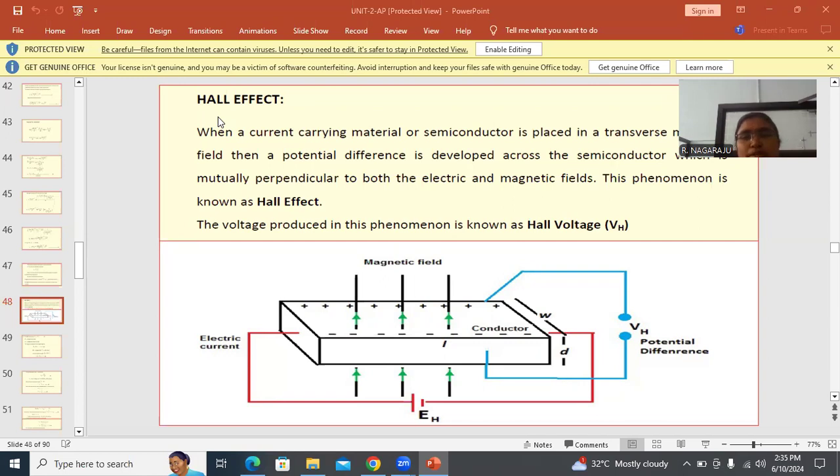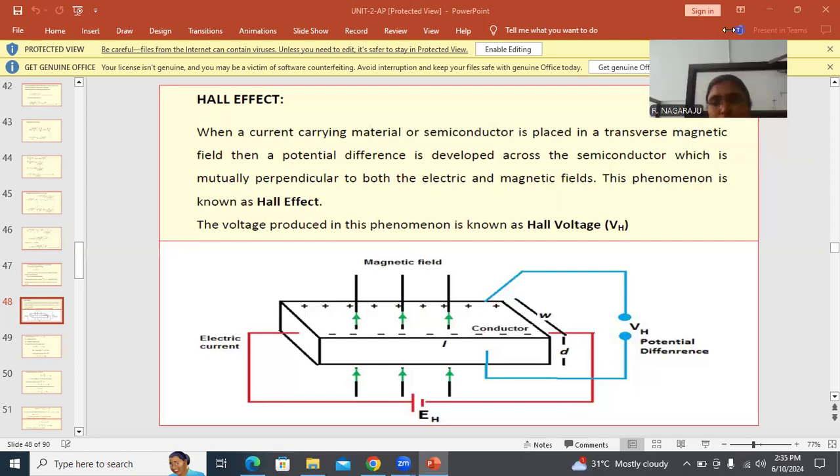So today my topic is semiconductors, and in that, the Hall effect. So we'll be talking about the Hall effect. When a current carrying material or semiconductor is placed in a transverse magnetic field, a potential difference is developed across the semiconductor, which is mutually perpendicular to both the electric and magnetic field.